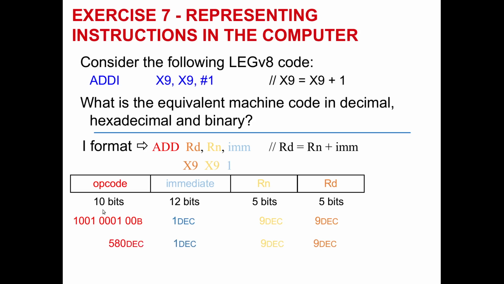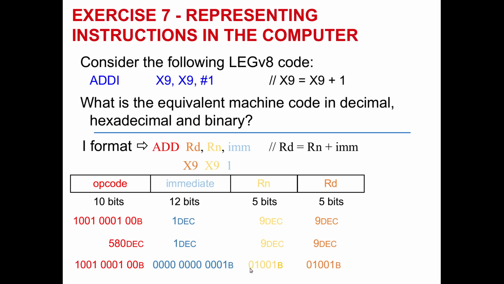Converting this into decimal, we will have the value of 580, and all the others keep the same, 1 9 9. Converting them into binary, 1 will be 11 bits of 0 and the final bit of 1.